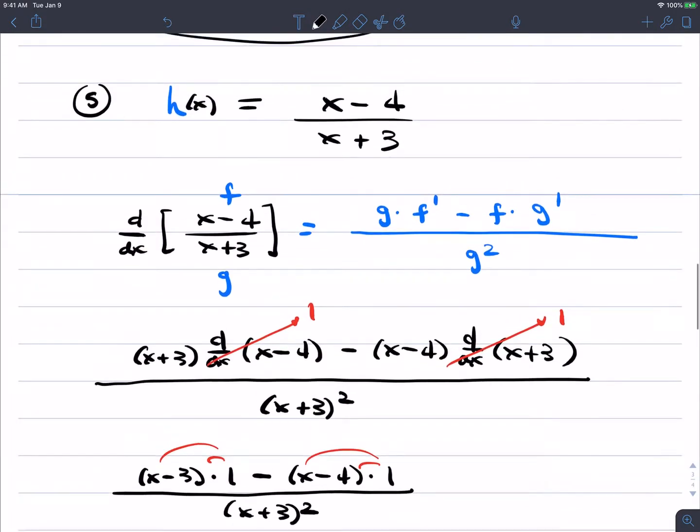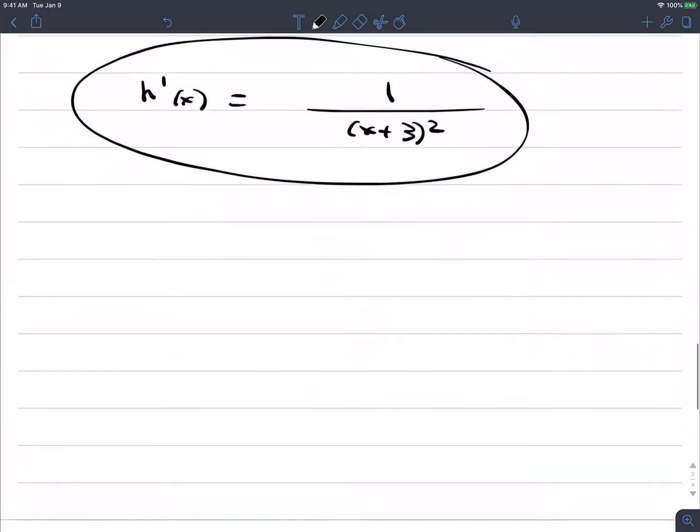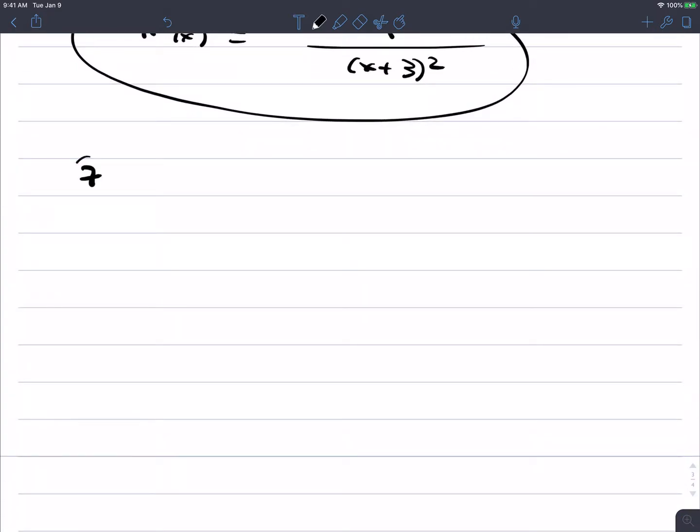So this question is number 5. Number 7. Here's our function: 2x minus 9 over x squared minus 1.